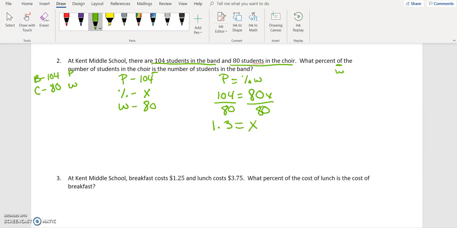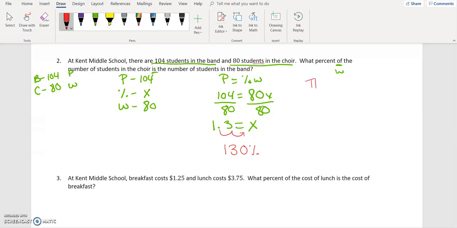Okay, and when I looked at that before, I saw my part was bigger than my whole, so it should be getting a number that is bigger than 100. So what do we need to do to this decimal because it's the percent we're looking for? That's right, we need to move that decimal 2 places to the right. 130%.